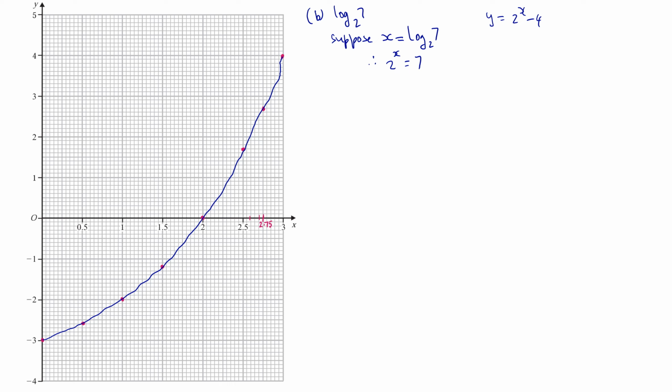So I can replace it: y is 7 minus 4, that is 3. So I need to draw this line, y equals 3. That's clearly this line.